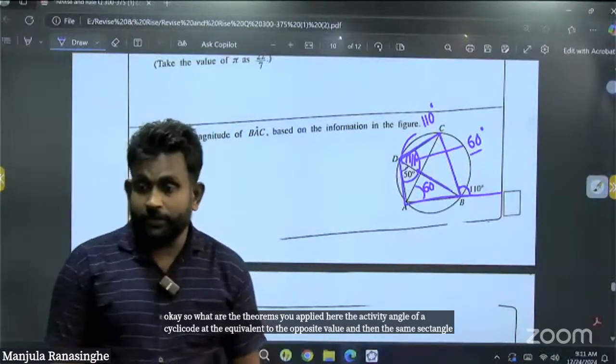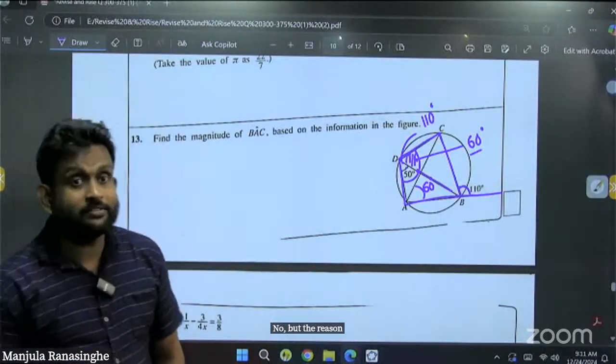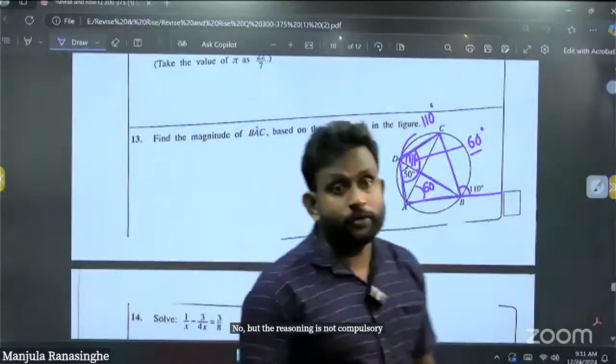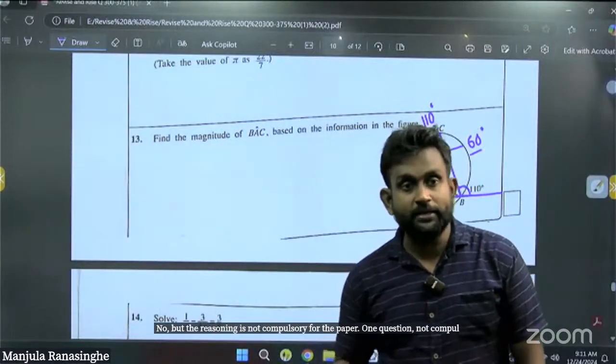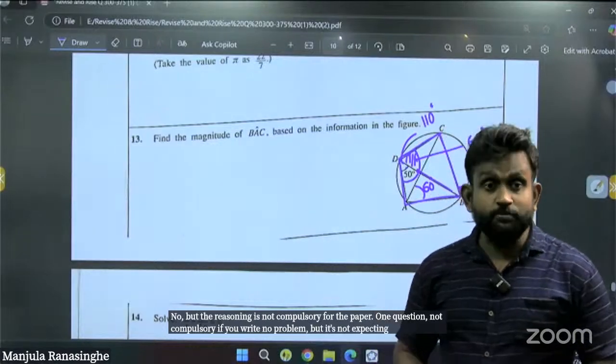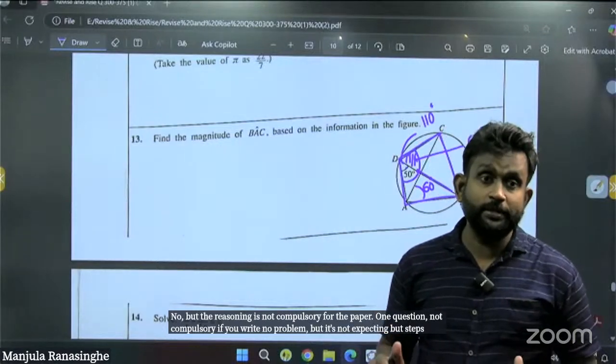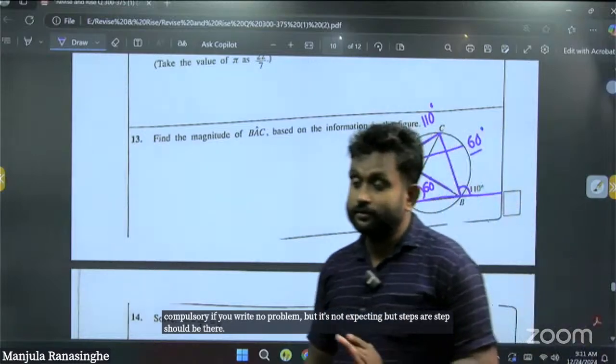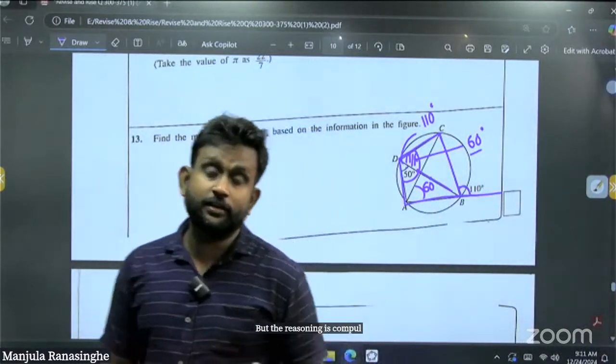The reasoning is not compulsory for the paper one question. If you write it, no problem, but it's not expected, but steps should be there. But the reasoning is compulsory for the second paper.